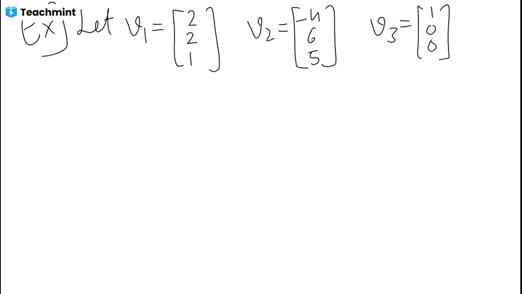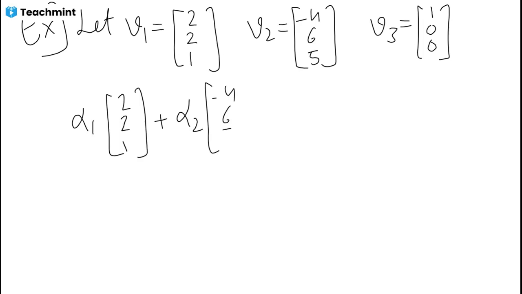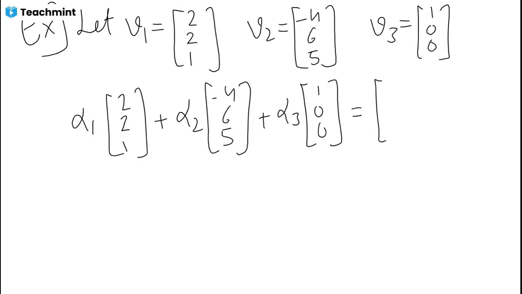Now let us form the linear combination with alpha 1, alpha 2, alpha 3, equal to the null vector.